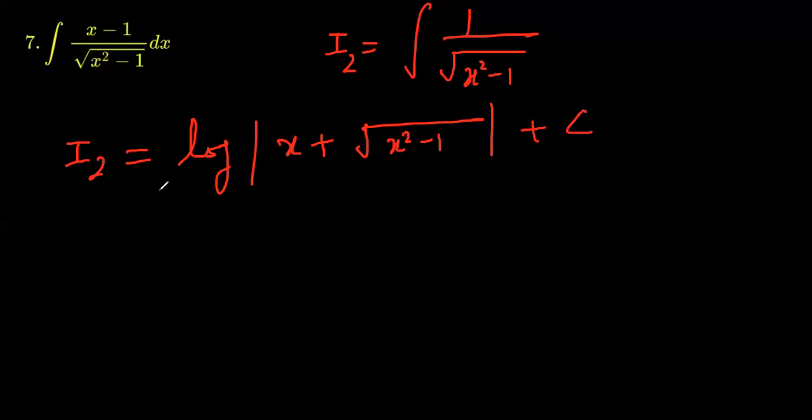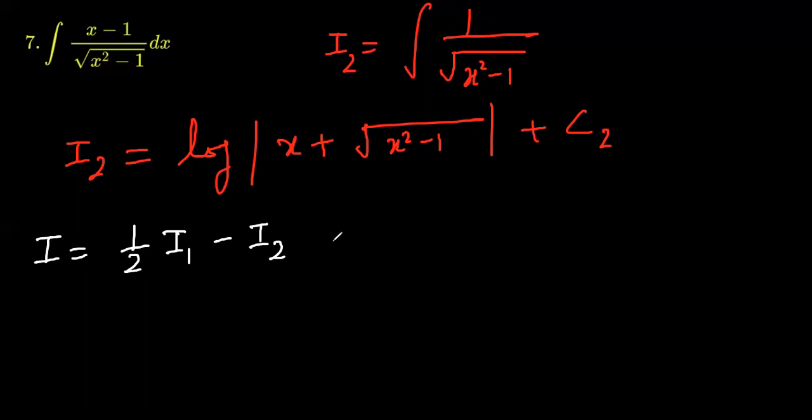Since this is I2, we can say the constant is c2. Finally, if you remember, we had said that I is equal to half of I1 minus I2.